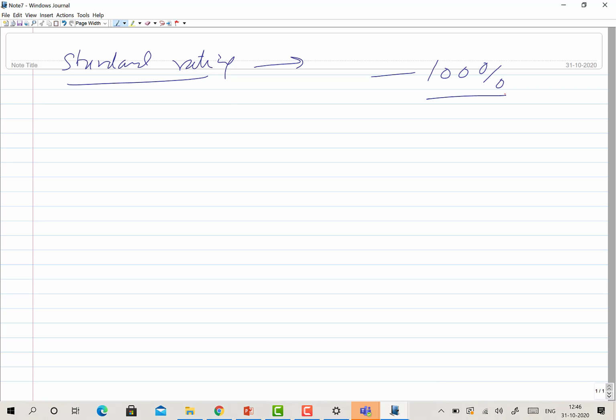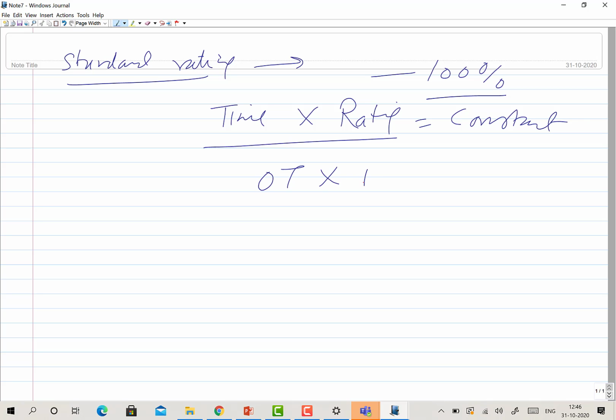So basically the time being taken and the rating being given, the product of these two must be a constant if the job is done perfectly. For a job, the observed time into the performance rating is basically a constant.